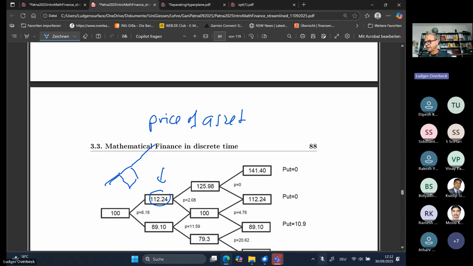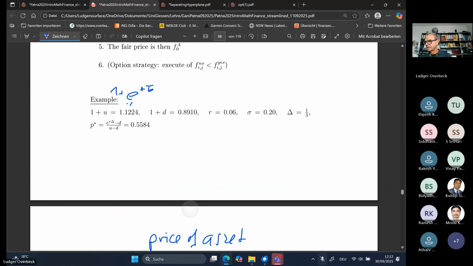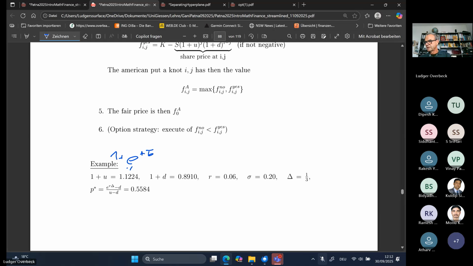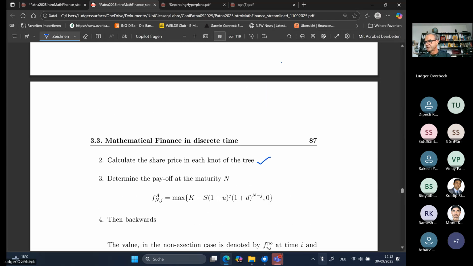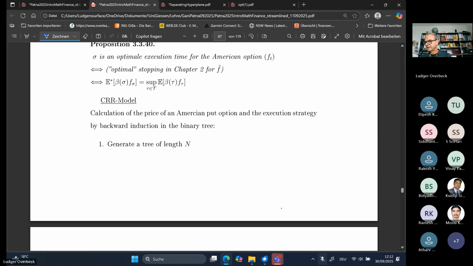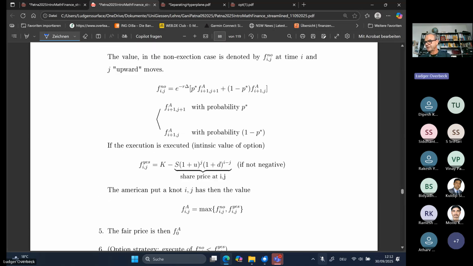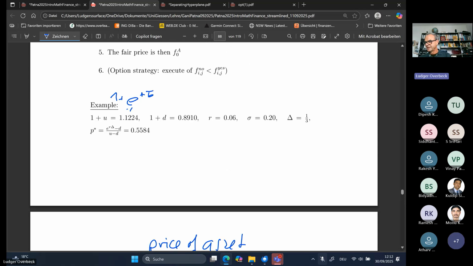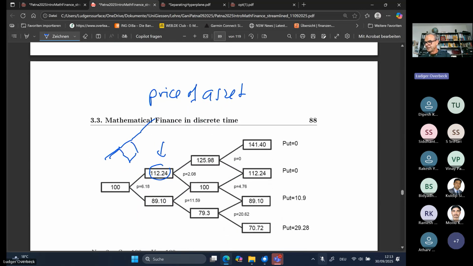Because it's higher than 100, what is our strike? It's my strike. If no strike is mentioned, usually the strike is the current value, so it's 100. Let's check whether it's below 100. Yeah. So it's falling in two scenarios.